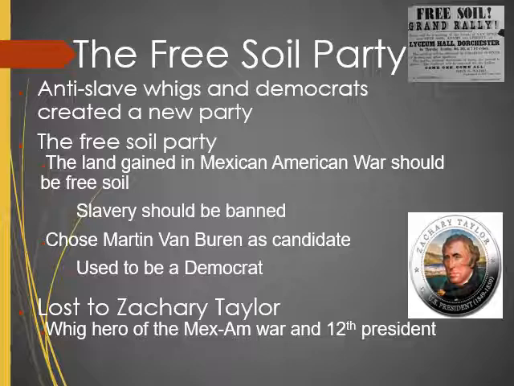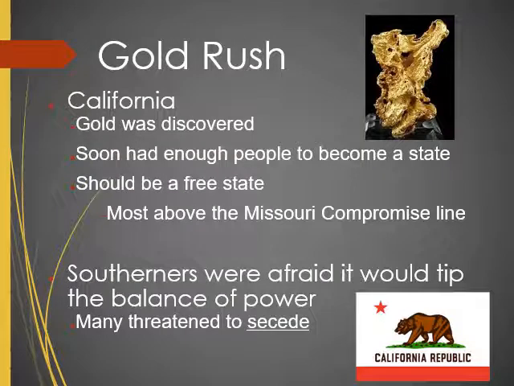Zachary Taylor was a Whig, and if you remember, he was that guy in the Mexican-American War who had been sent down to the border and also attacked in Mexico itself, and he eventually wound up being the 12th president.